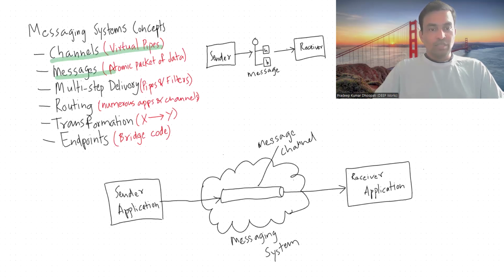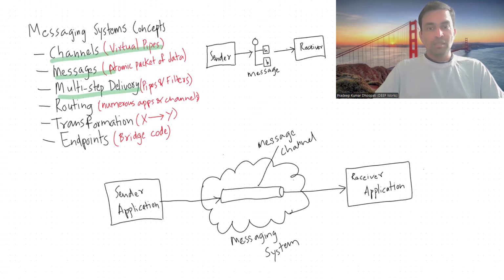The next concept is multi-step delivery. In the simplest form, a sender will send a message to a receiver, but in real time, there might be some additional steps that might be needed between the sender and the receiver.